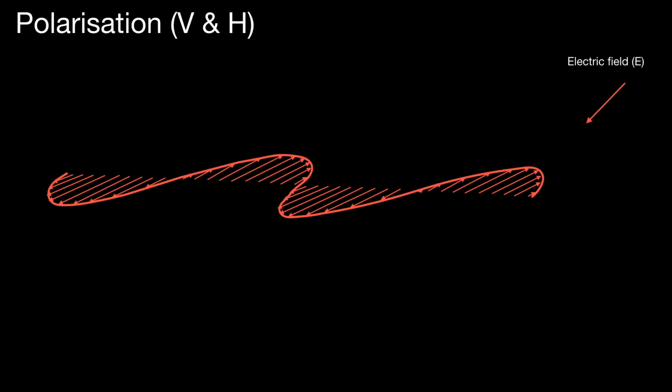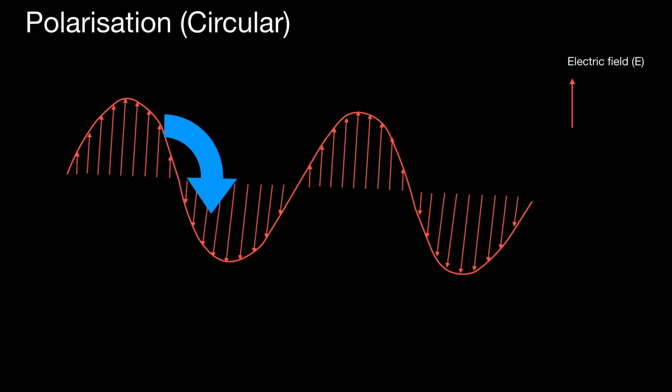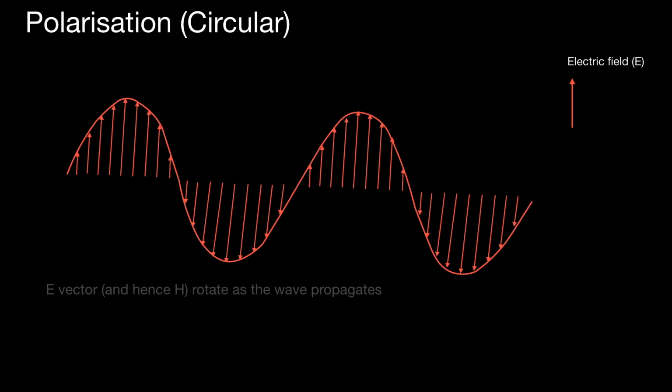Now, with circular polarization, the electric field is rotating. The E vector and hence the H vector rotate as the wave propagates, and that's depicted there with the rotating arrow.